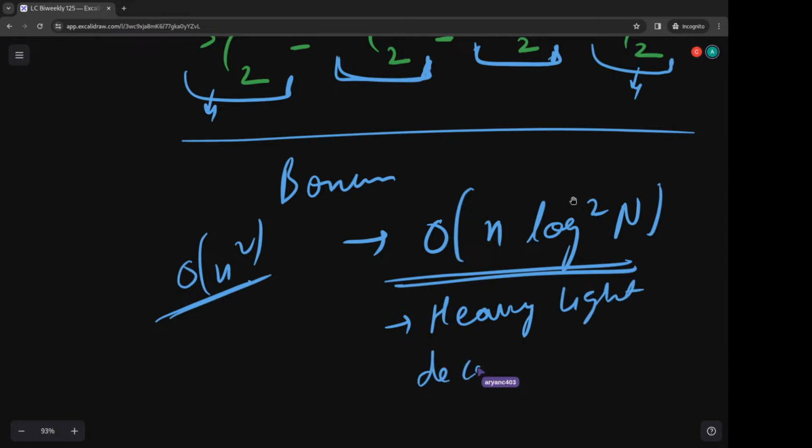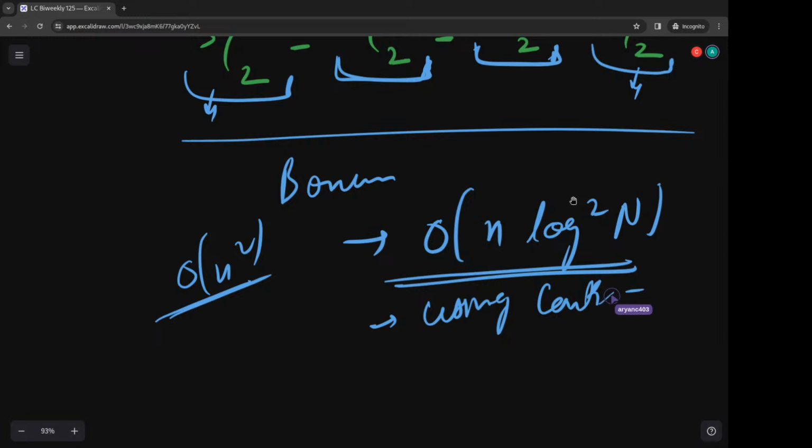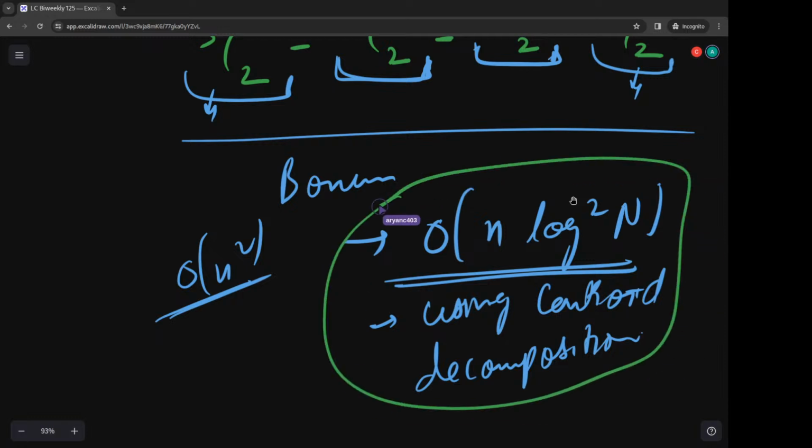No, wait, not heavy light, centroid decomposition would be the one. So the ones who are interested can try out solving it in order n log n as well. And if there are doubts on how to solve it or if you are stuck, then I can share it on the Discord server as well. For this stream, I will skip this bonus part here.